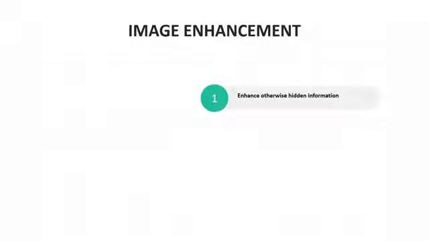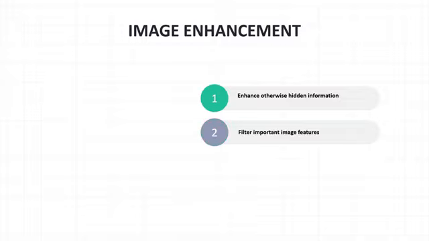Sometimes it may be disturbed due to internal or external issues like atmosphere, fog, all those things. And the second one is to filter important image features, meaning it will improve the important image features which are not visible when we captured the image.